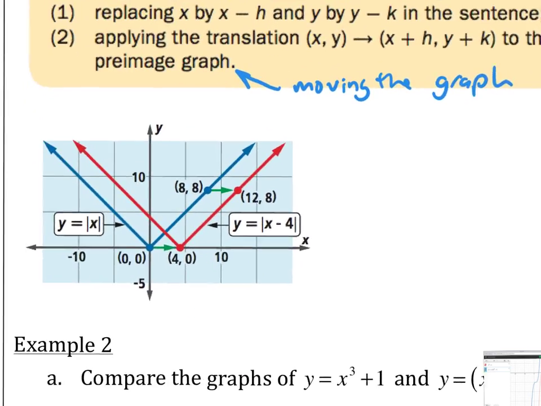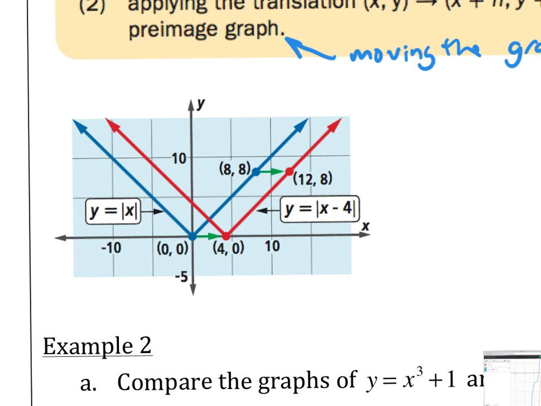So let's see here. This function here, notice that 8 is on the exact same level right there. And we see that the parent function is y equals absolute value of x. And of course, it opens upward, and the origin is the vertex here, and the slope is 1 effectively. So all this says is either I can replace right there, I just replace the x with x minus 4. Why?